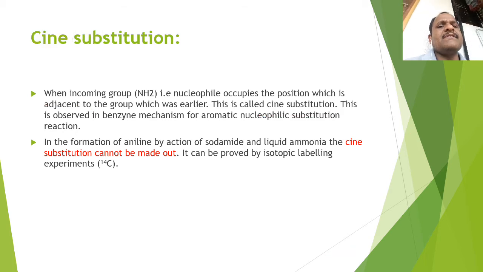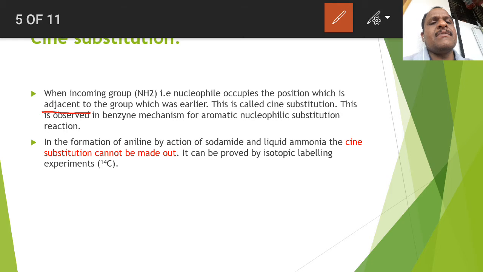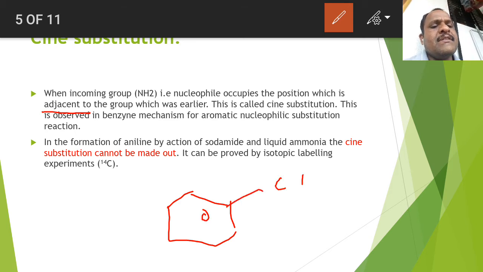Again I will revise. What is cine substitution? In a benzyne intermediate, when the nucleophile attacks the adjacent carbon of the halogen, you can see here this is chlorobenzene, and this is the adjacent carbon, right?